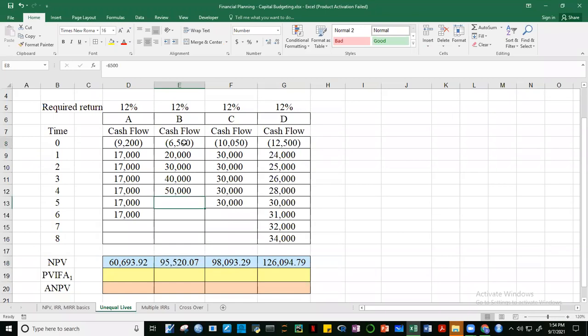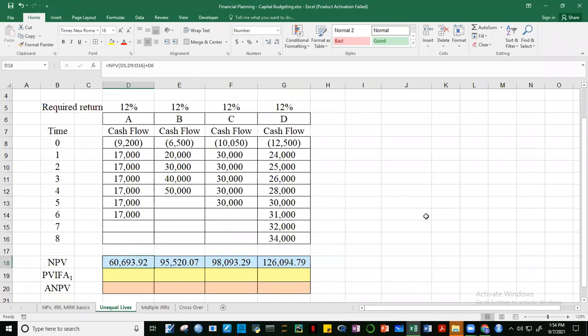Ito 6.5 lang initial investment, tapos ito 10.5. Tapos mas konting years lang to, pero halos pareho lang sila ng NPV. But still we cannot compare them guys kasi magkaiba nga yung project life. Ganun din si project A.